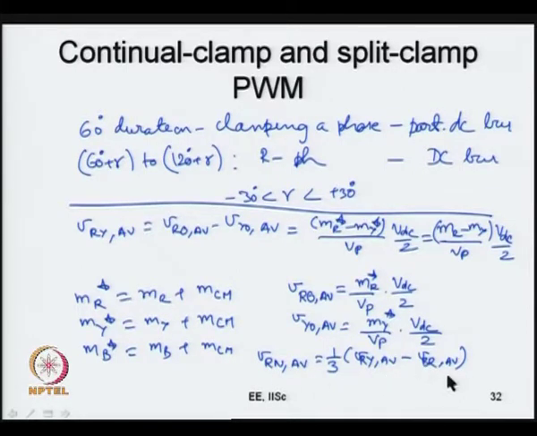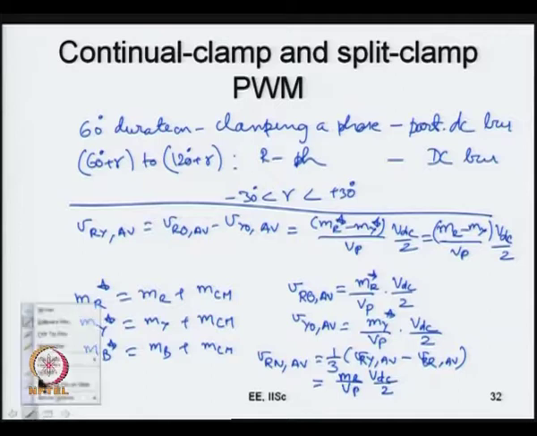If you do this, you go back to what is your VRO average. This would turn out to be simply MR by Vp times Vdc by 2, going back to the original equation. It is just the same as VRO average without the common mode component added.